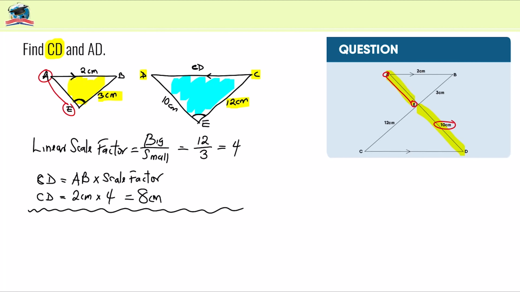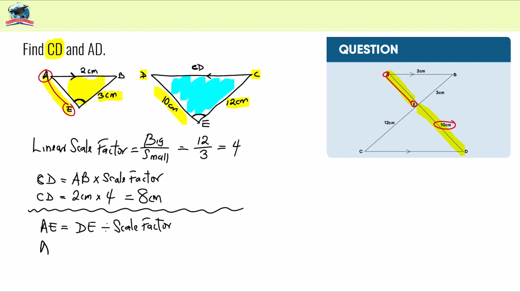So AE is equal to DE, because DE is given, divided by our scale factor, because we're moving from the bigger one to the smaller one.